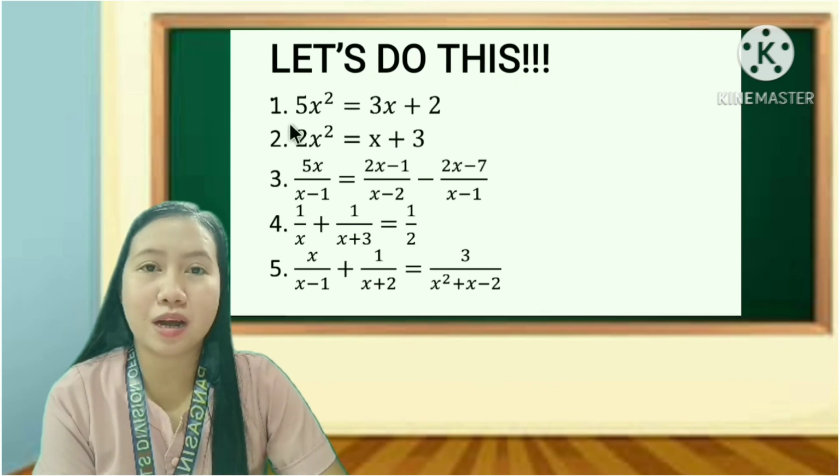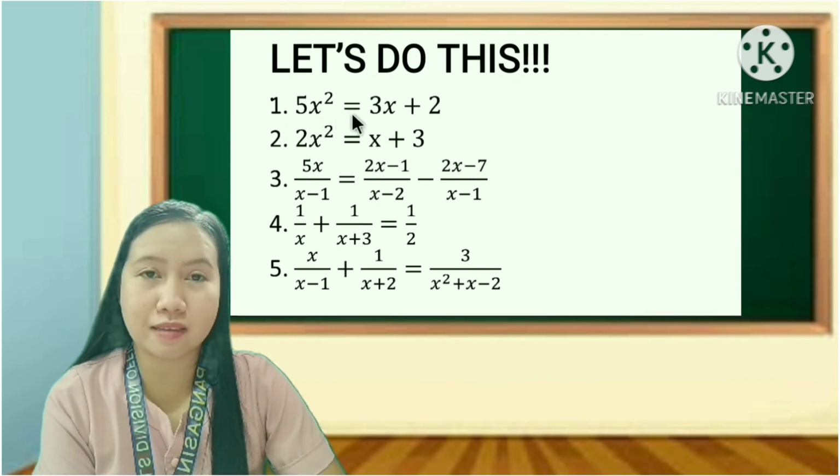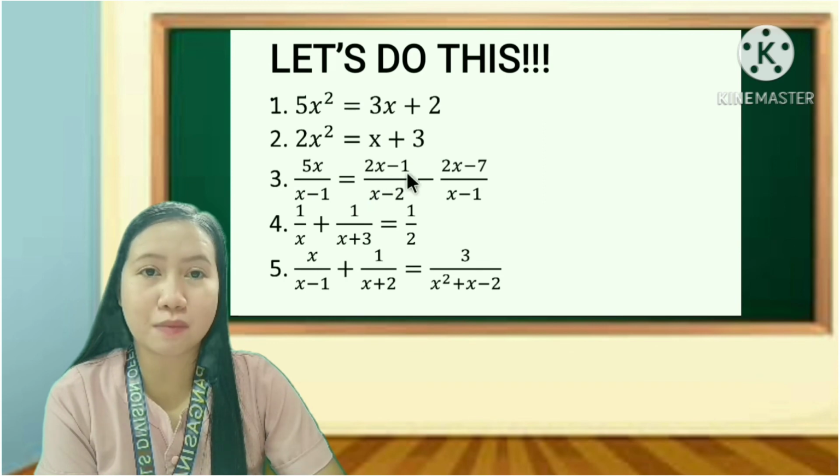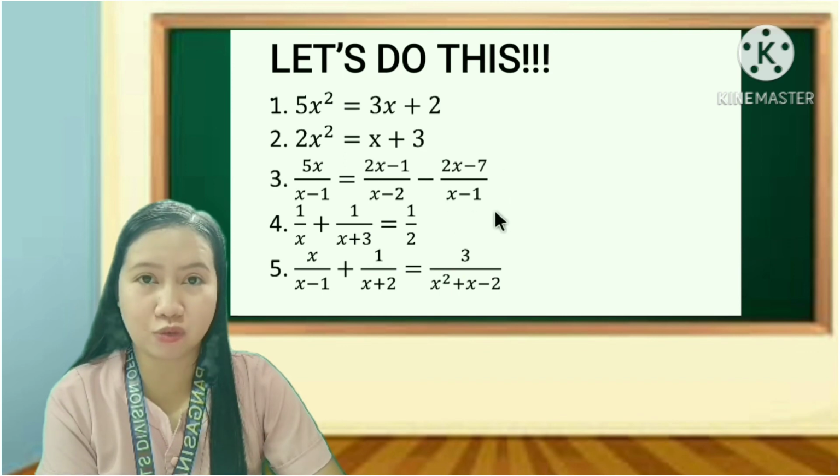So we have number 1, 5x squared is equal to 3x plus 2. Number 2, 2x squared is equal to x plus 3. Number 3, 5 over x minus 1 is equal to 2x minus 1 over x minus 2 minus 2x minus 7 over x minus 1.